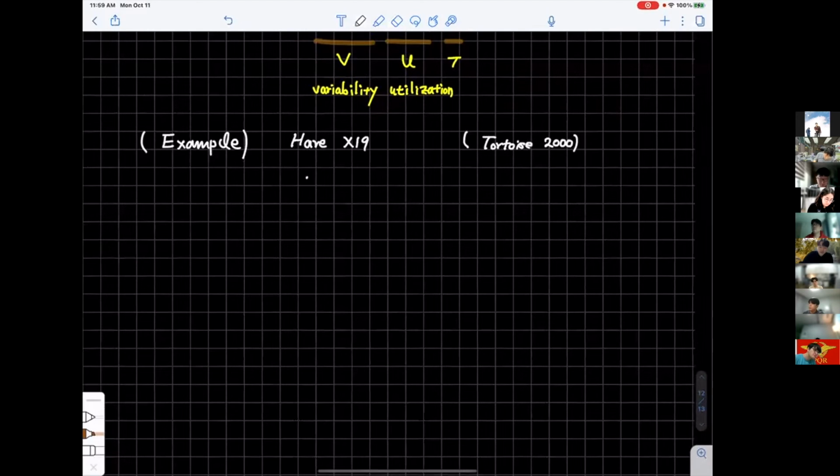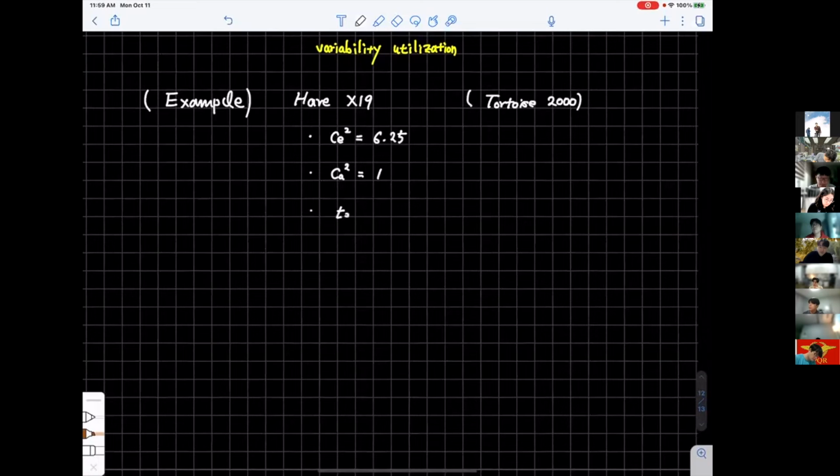For the properties of pair x19, first the time variability is 6 and 5, but the arrival rate CV remains as 1 here.